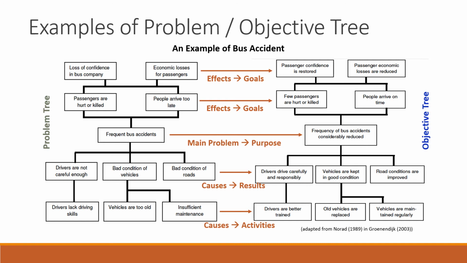Or bad condition of roads is changed to road conditions are improved. So all the consequences and the causes are changed in a positive way, from negative to positive. That is the thing you are going to work on in this kind of exercise.